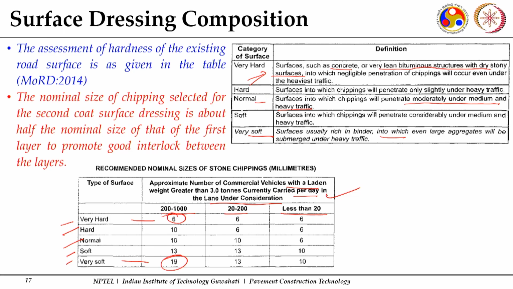So depending upon what type of existing surface we have, we go for the selection of the NMS, considering the amount of traffic which is also given. This is what is given as per our MORD requirement. So we can select the NMS of the stone chips depending upon the category of the existing surface.